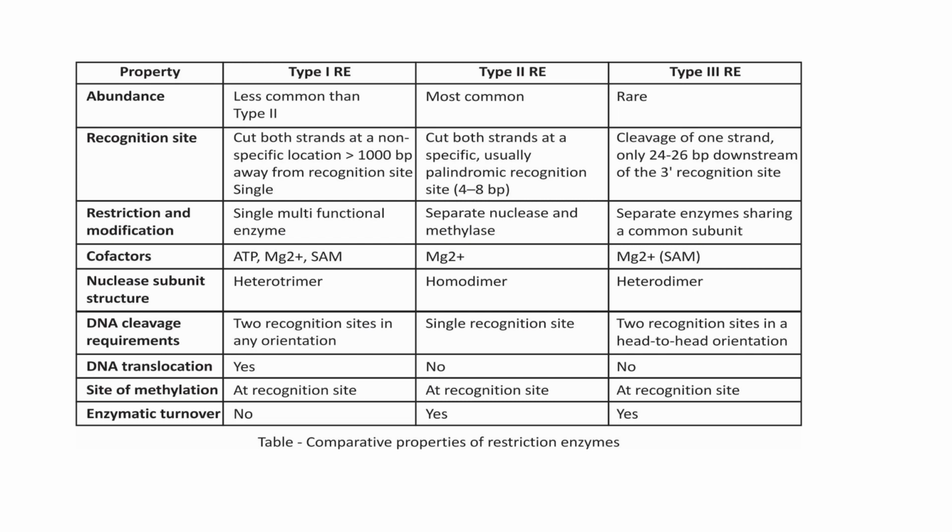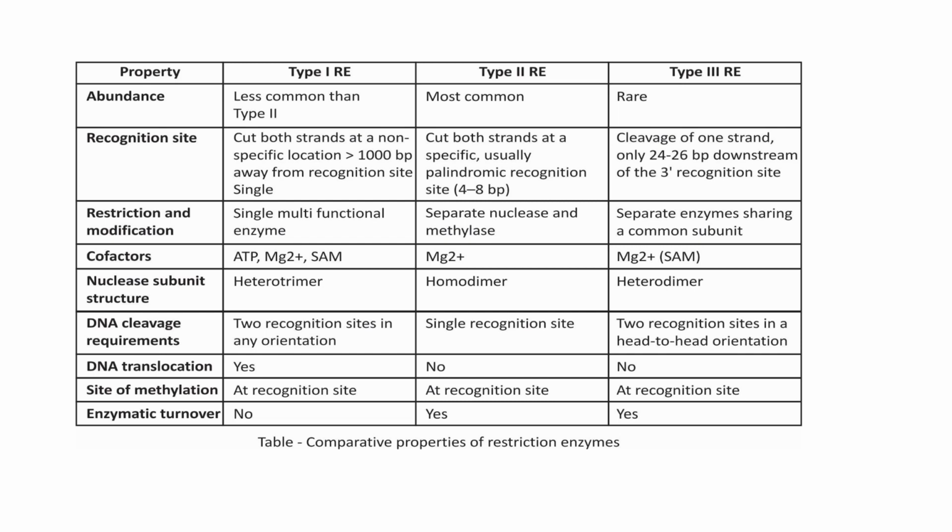There are some properties of type 1, type 2 and type 3 restriction endonuclease, and the main property is that type 2 cuts both strands at a specific site, usually within the palindromic recognition site, that is 4 to 8 base pair. This is the unique character of type 2 restriction endonuclease.